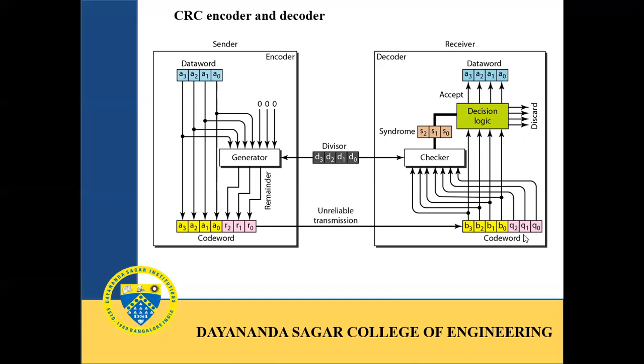If the remainder is 0, that means there is no error and this message could be properly divided by the polynomial. So the receiver can identify whether the message is correct or corrupted. By a simple division and having a remainder, we can identify whether the bit has been corrupted or not.